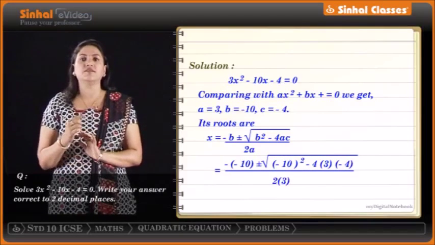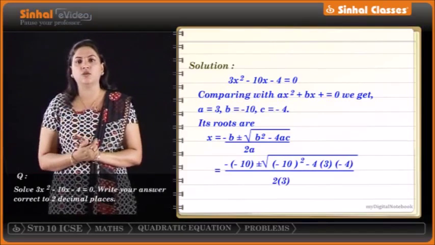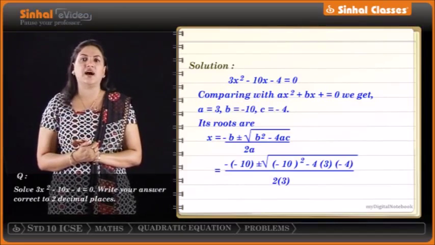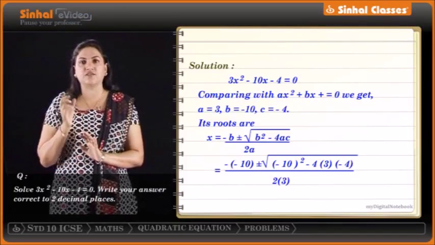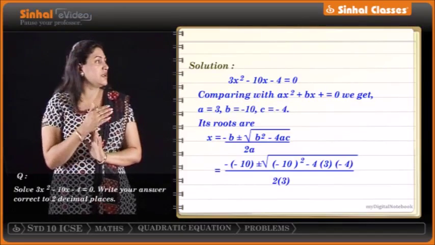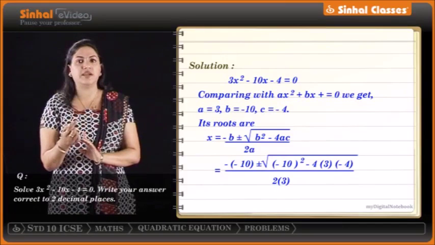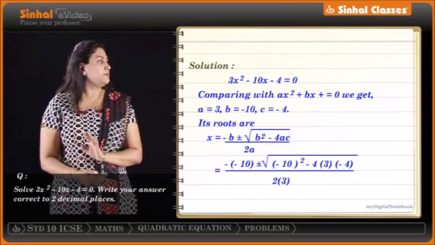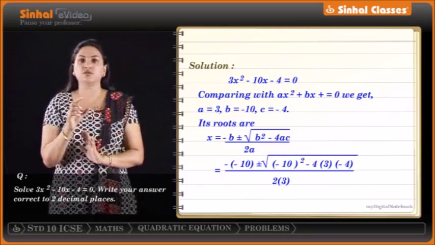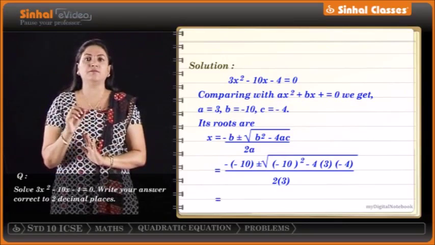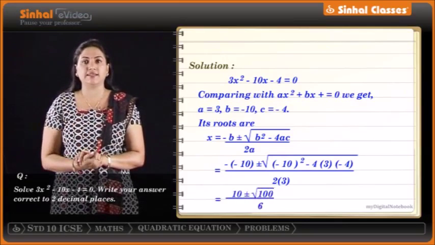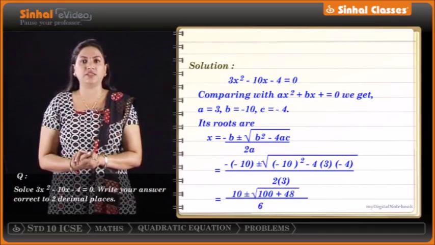Now in the root we have minus 10 the whole square, which gives us 100, and that minus 4ac term becomes minus 12 into minus 4, that is plus 48. So in the root we have 100 plus 48, that is root 148.